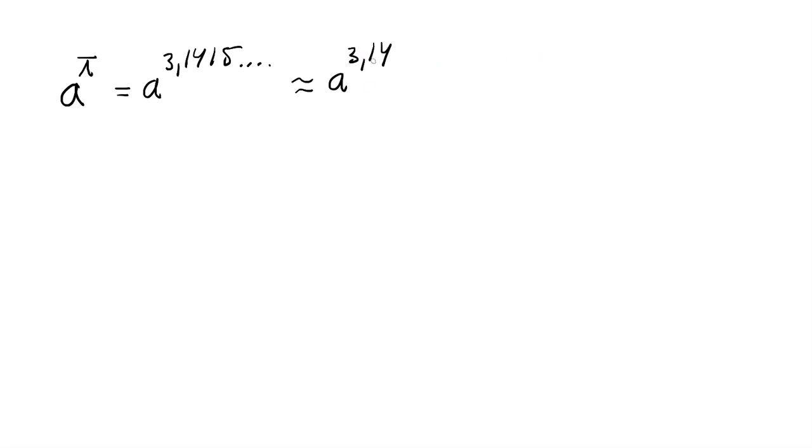But let's say that we are satisfied with 2 decimals. Then we can write it like this. And now, since we have a finite number of decimals here, we can write this as a fraction. So this we can write as 314 over 100. And now we can calculate it, because this power here is a fraction, a rational number. So then we have a definition of how to calculate it.